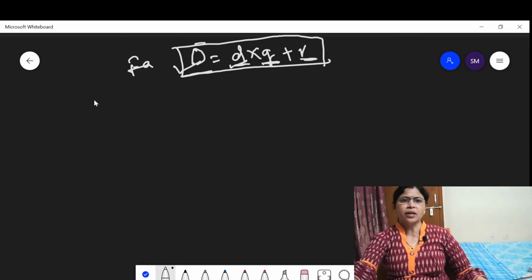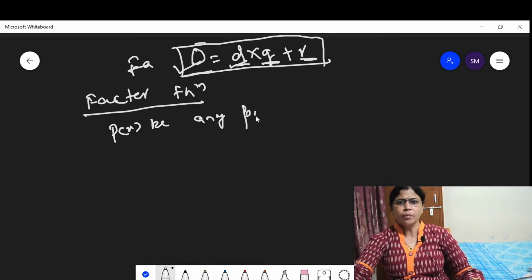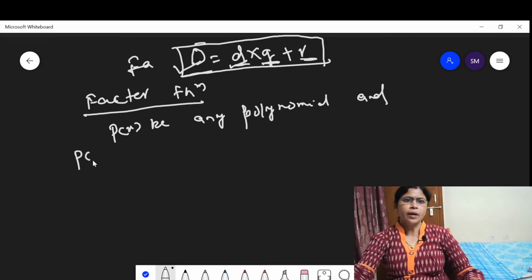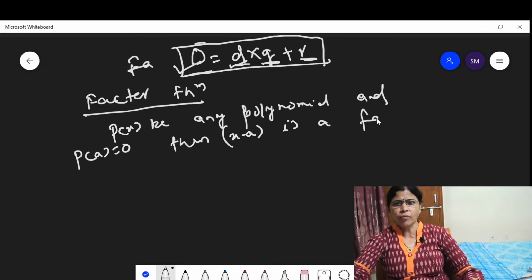Then the factor theorem says that let P(x) be any polynomial, and P(a) is equal to 0, then x minus a is a factor of P(x).